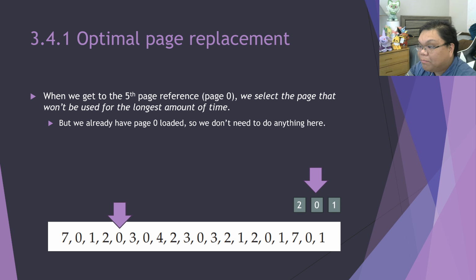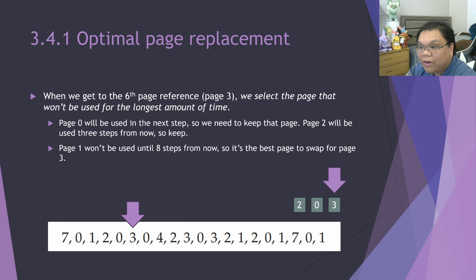Currently we have pages 2, 0, and 1 loaded into memory. We will need page 0 immediately, so we have to keep that. Page 2 will be used about 3 steps from now, so we keep it. Page 1 won't be used until 8 steps from now, so we unload page 1 from memory and put page 3 in its place.